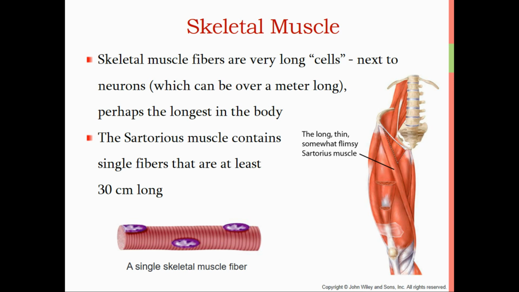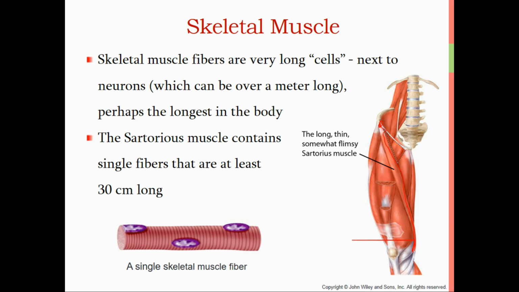The longest muscle in your body is called the sartorius, and it is this guy right here. It runs from the front part of your iliac crest diagonally all the way across your thigh and attaches down here on the medial surface of your knee.